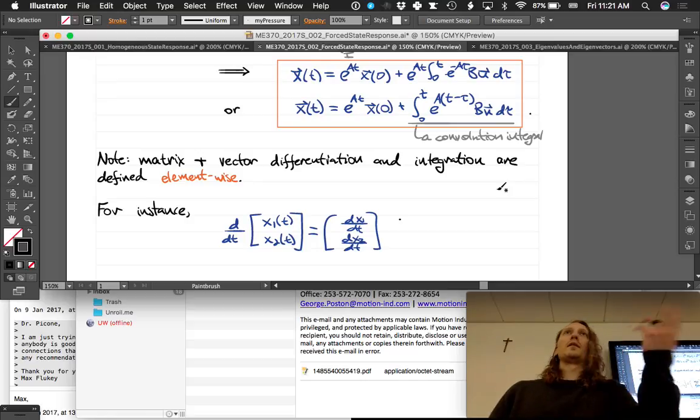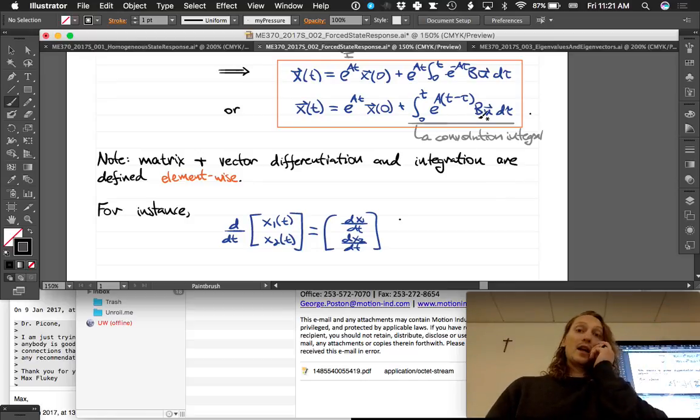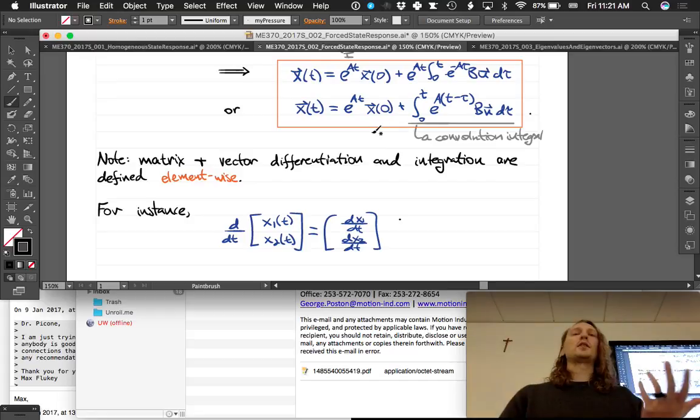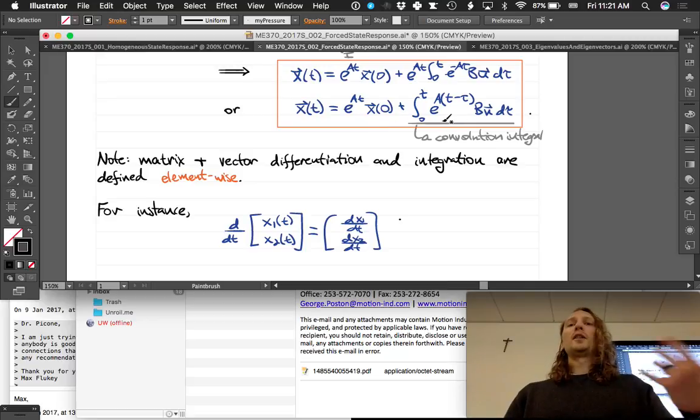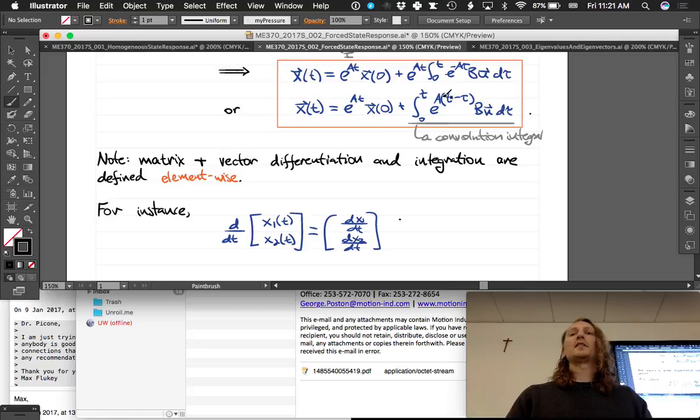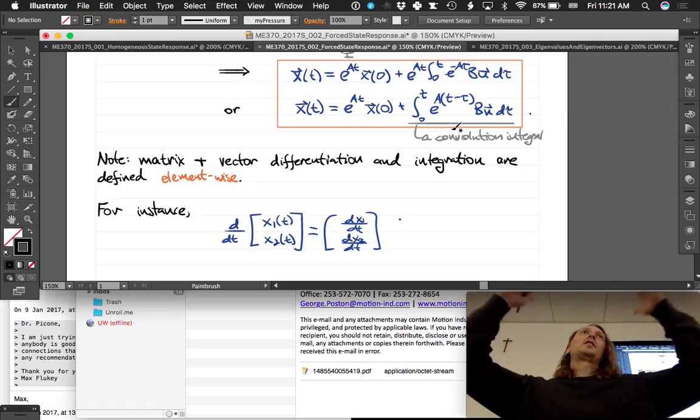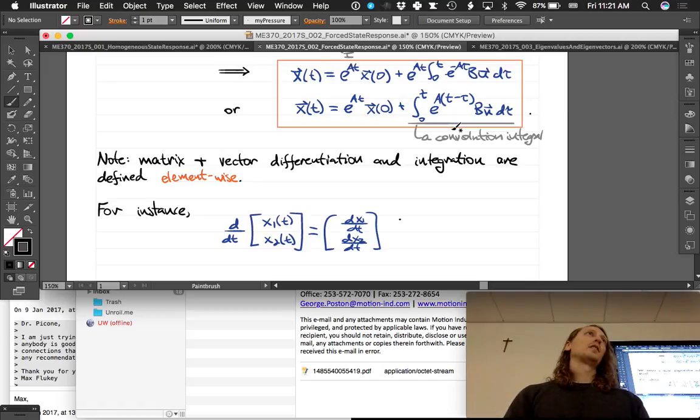So that is that, and we have ourselves this solution. The big takeaway of this lecture is that we have a solution now for the state equation, even if you have an input. Okay, you have to do this integral, which, if you multiply this all out, ends up being a vector. So you have to take an integral of each element of the vector. But, I mean, it's just an integral.